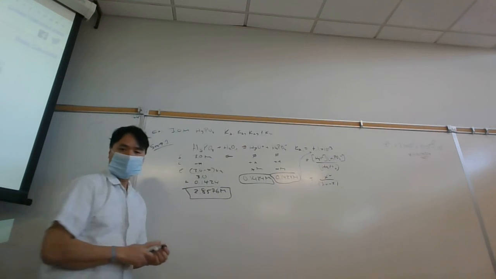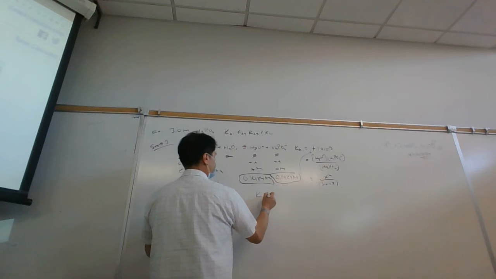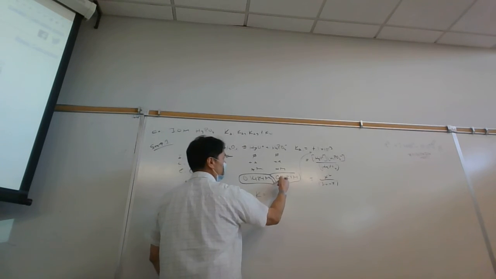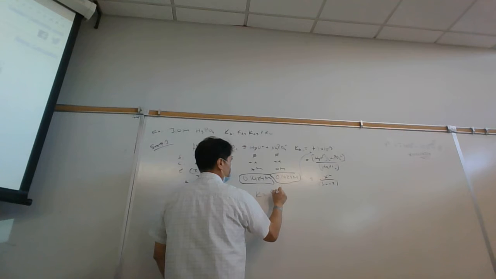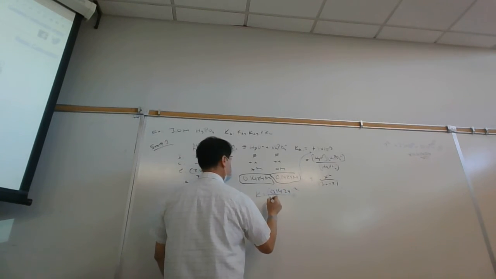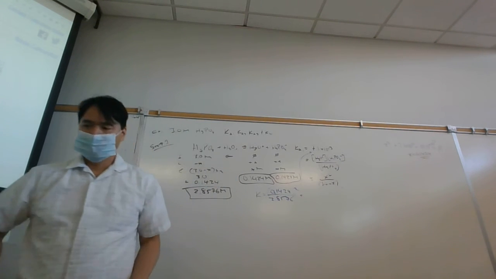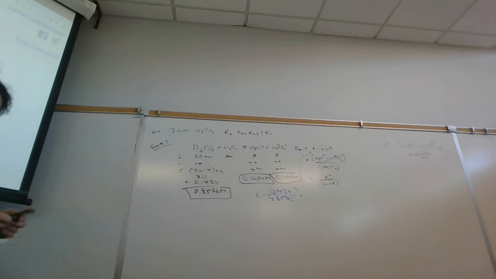All right, let's check our K value to make sure it's okay. So K is going to equal this times this divided by this. 0.1424 squared divided by 2.8576.